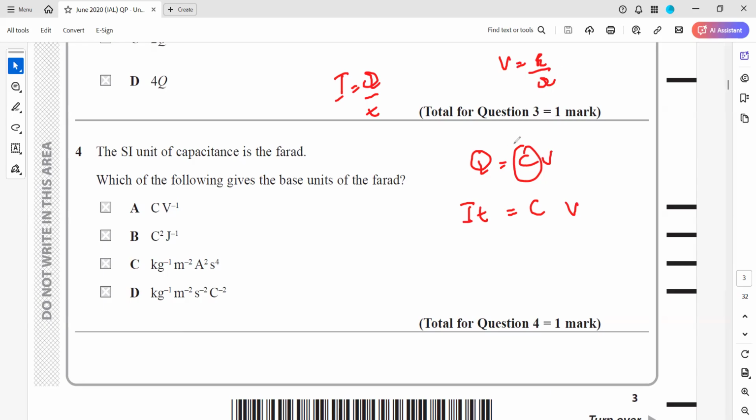I can write the units first and then simplify the units, or I can also solve with the quantities. Or in place of V, I can write IR.